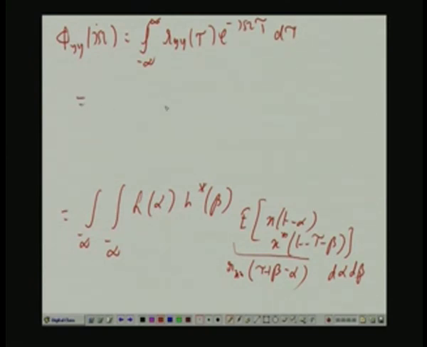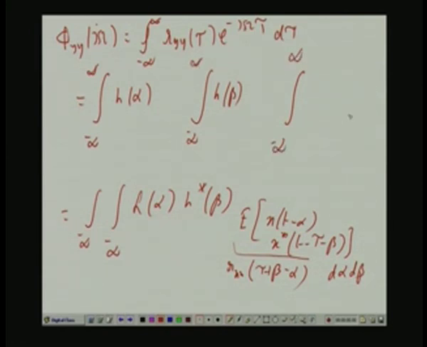If you do that, let one integral be with respect to h of alpha, another with respect to beta, and the inner integral, all from minus infinity to infinity, be with respect to tau. So, r x x, whatever has tau, will remain inside: tau plus beta minus alpha times e to the power minus j omega tau. Just, I know 5 minutes are left, so I will be doing this soon.